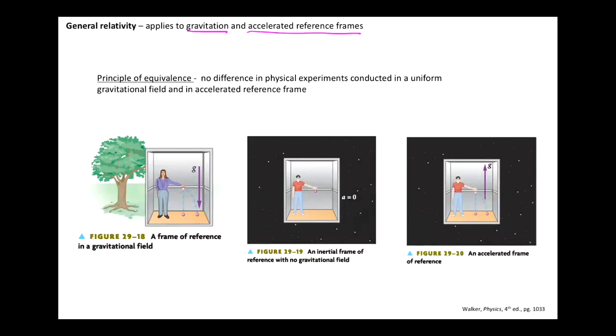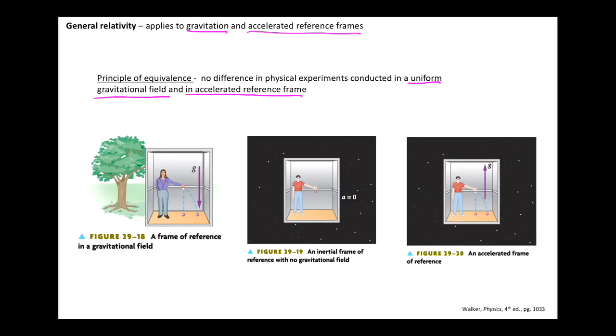So here's the thing. We have another principle of equivalence, which is that no difference should be detected in physical experiments conducted, A, in a uniform gravitational field. That's what we're in right now. It's like gravity is pulling with an exact acceleration right now, and it's staying perfectly constant at all points in this room, versus in an accelerated reference frame.